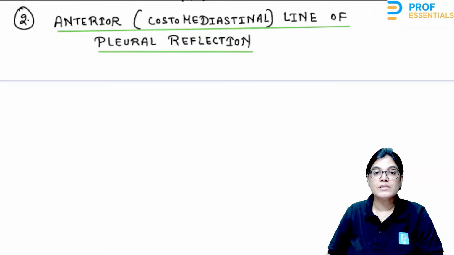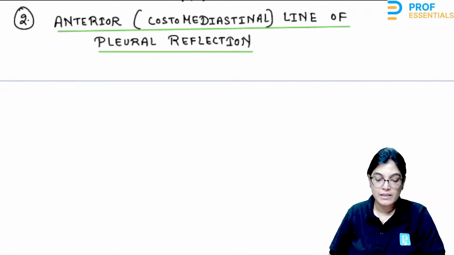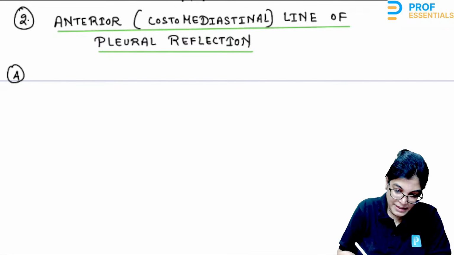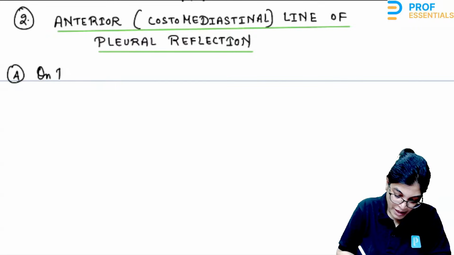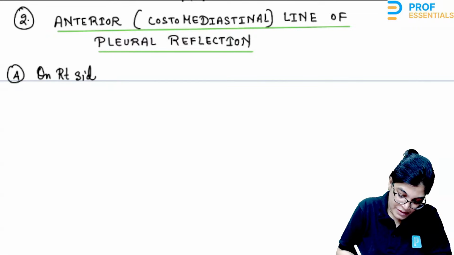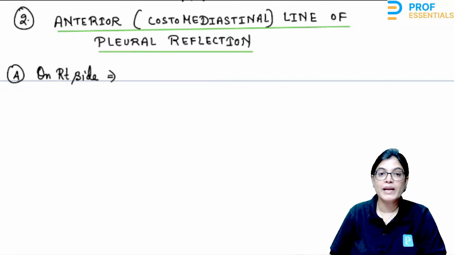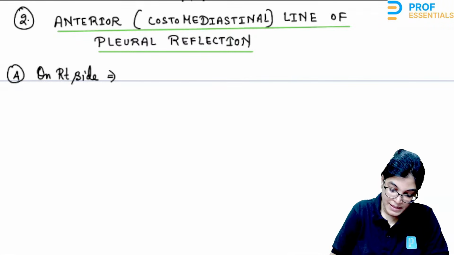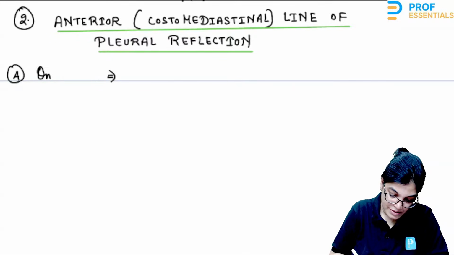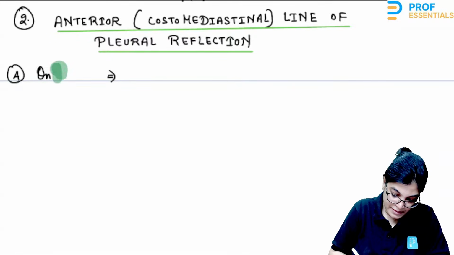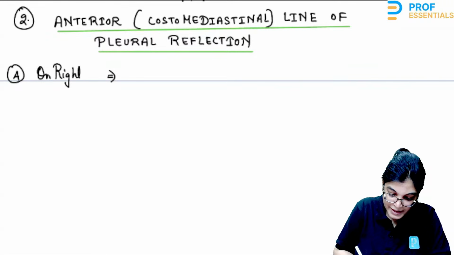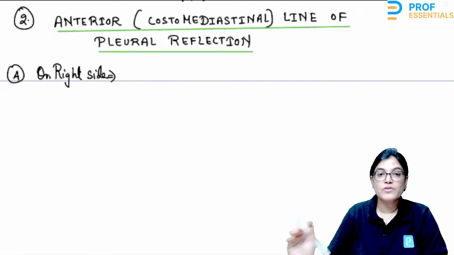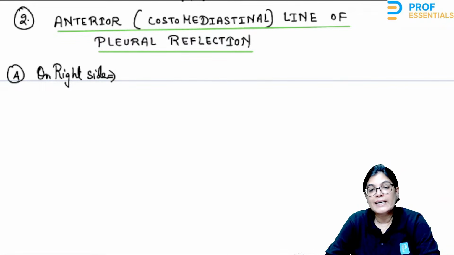When I want to describe this, I will write two points: on the right side, and then I will separately write on the left side. So first, on the right side.